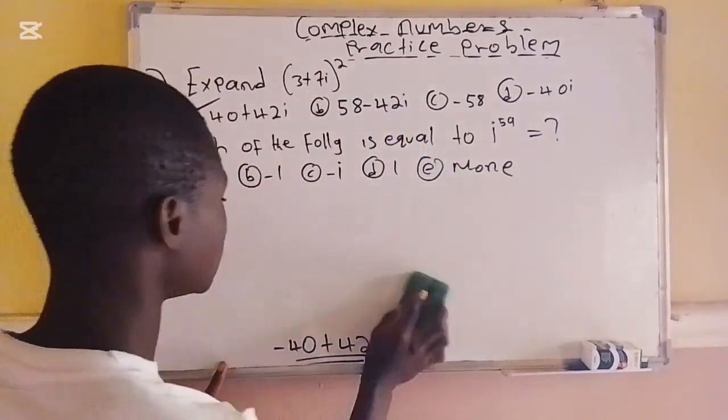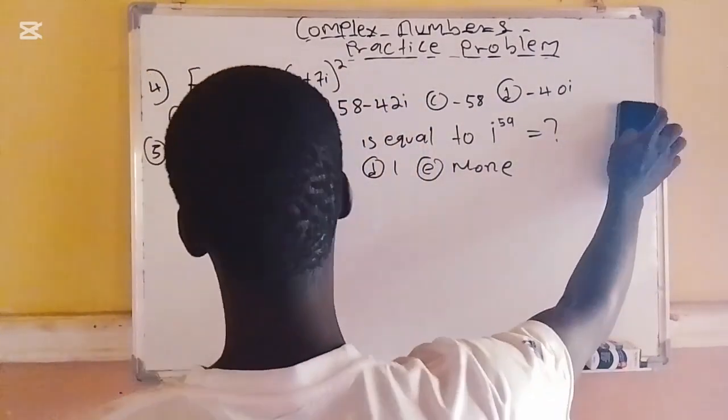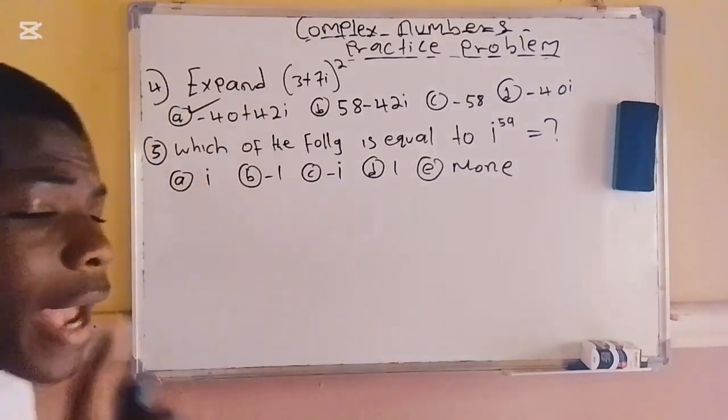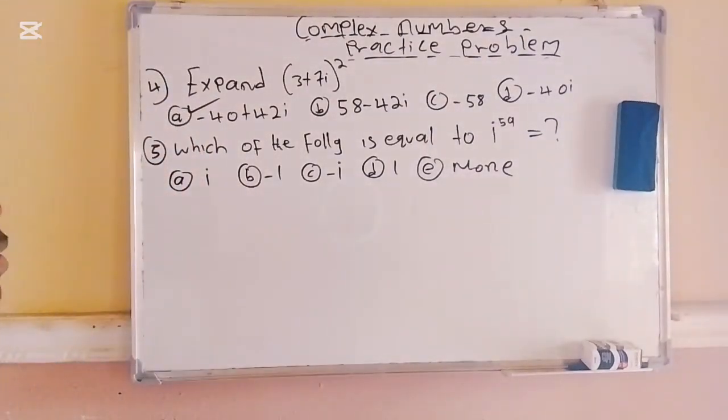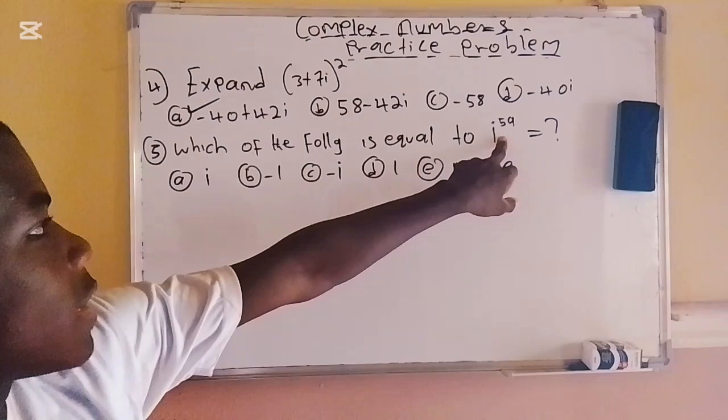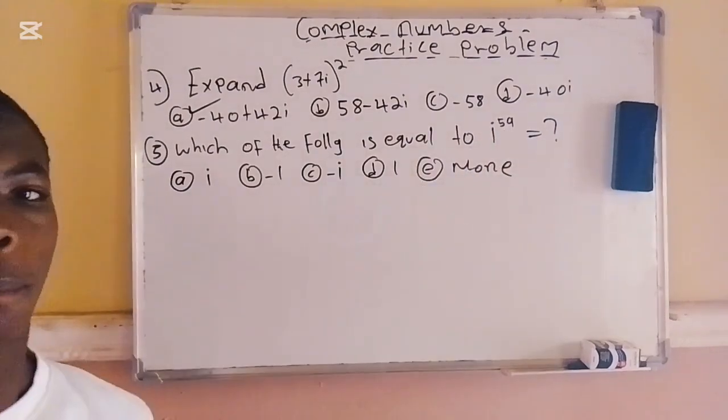The fifth question is the most confusing question. Which of the following is equal to i raised to the power of 59? Don't overthink it and don't do anything yet. Let's check: 59 is an odd number.